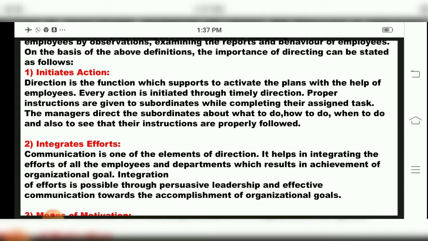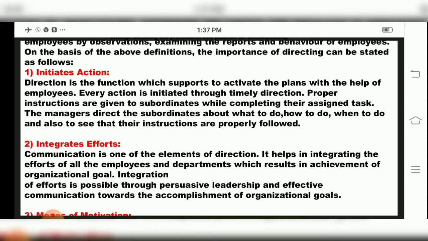Why? Because they have to achieve a goal regarding production of how many pencils? 50 pencils, children. So your communication is more important. If the manager is totally blank, he doesn't speak at all, he sits like this only, even though the boss has given him orders, he doesn't communicate with those employees, will the production be possible? Will the target be achieved?